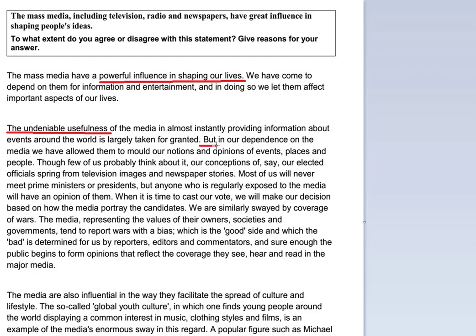So the media is useful, but so it seems the rest of the paragraph has to do with the negative aspects of the media. But the prompt says, to what extent do you agree or disagree with the statement? Whereas the writer here in paragraph 2 is only telling us to what extent the media influences our lives.